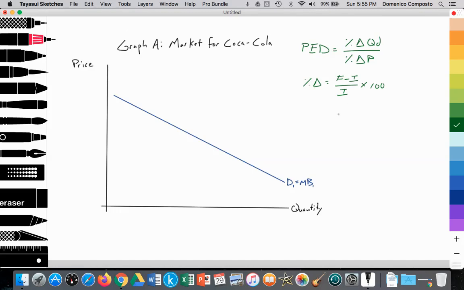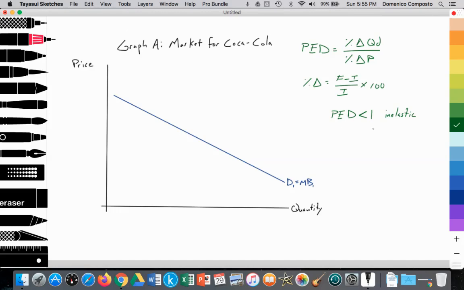And in the previous videos, we saw that we can get predominantly two outcomes, one that's greater or less than 1. So if PED is less than 1, that's what we call an inelastic demand curve, where consumers are not really responding to a change in price because perhaps it's a necessity or there is no substitute for them to switch over to, so they just continue to buy even though the price is being raised against them, and thus total revenue rises.